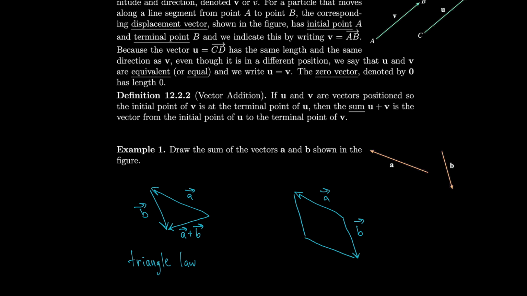However, using the parallelogram, I can draw the diagonal, and then the diagonal vector will be the sum. And you can see that these two vectors that I drew look the same, and it doesn't matter where they are, so they're the same vector. So we call this the parallelogram law. So we have two different ways that we can add vectors, either tip to tail or using a parallelogram.